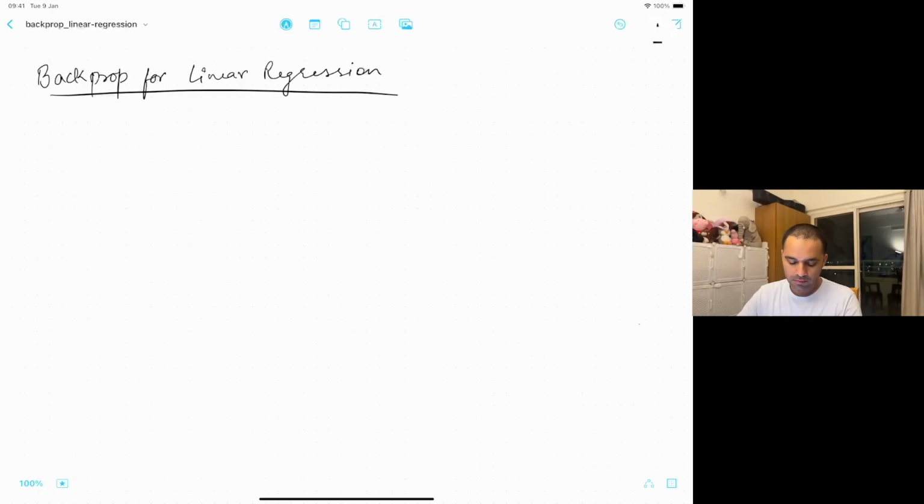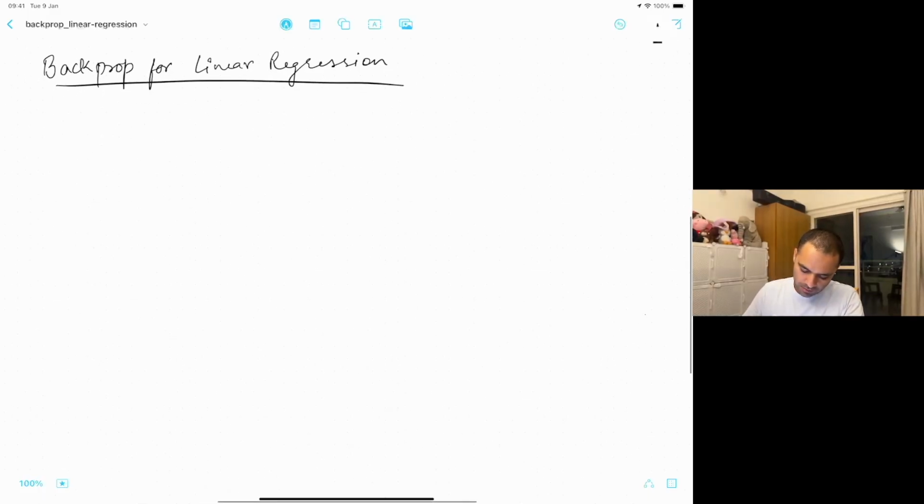I'm trying to derive equations for using back propagation to optimally calculate the coefficients for linear regression models. So let's start with the equation. The first thing we have to start with is simple linear regression, wherein the number of features equals 1.